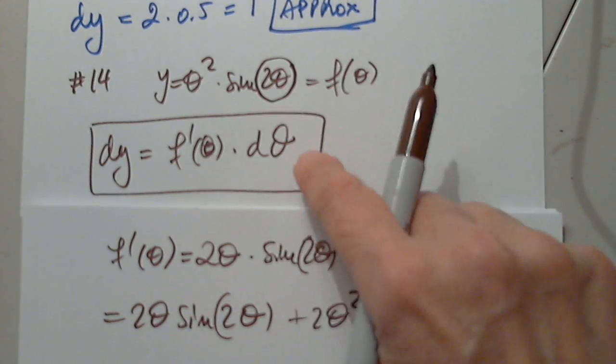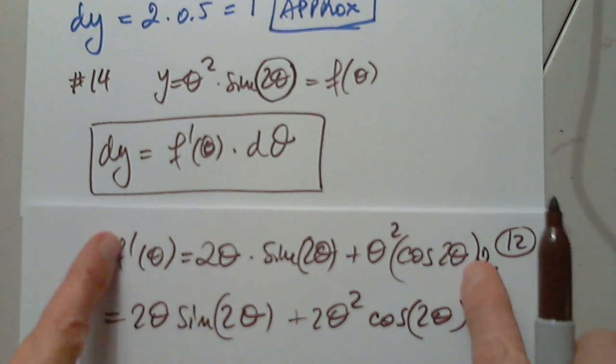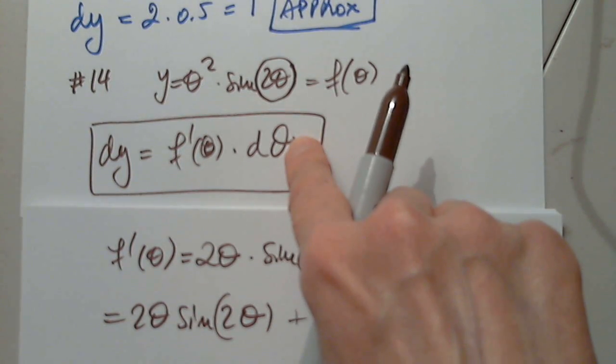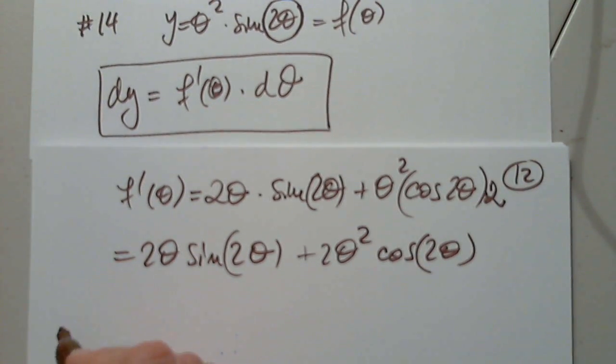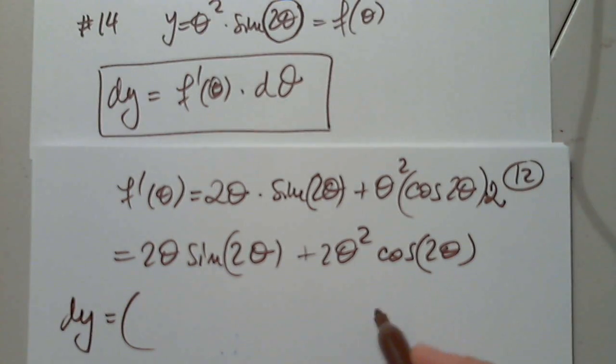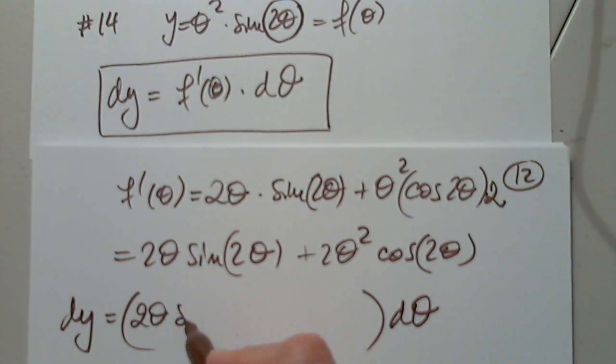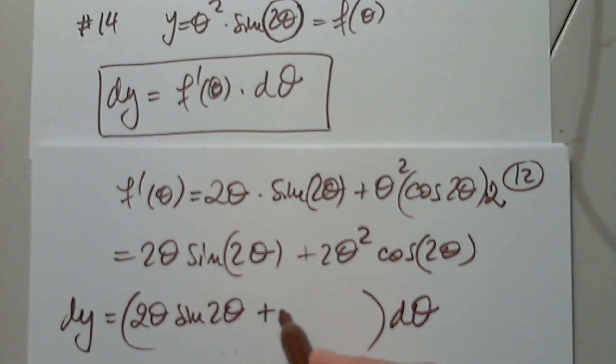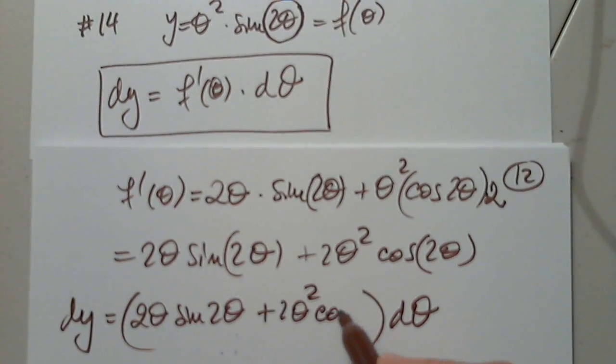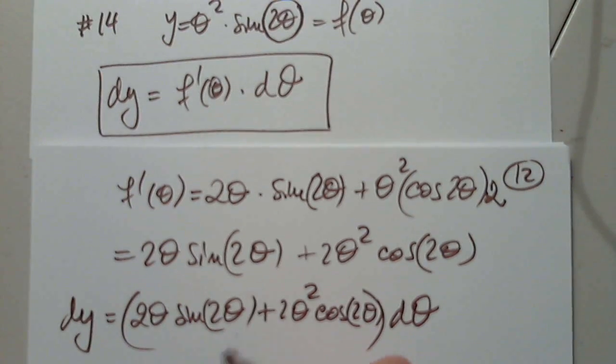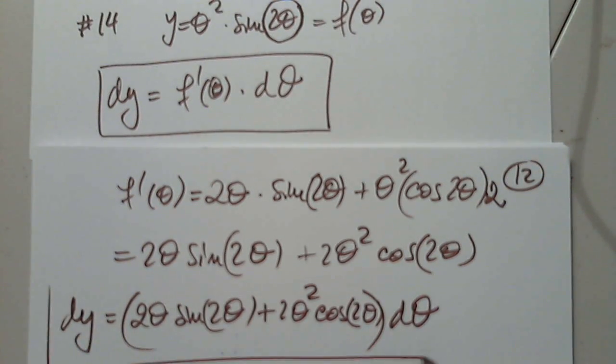Now all I have to do is put everything in parentheses and multiply by d theta. So dy equals 2 theta sine 2 theta plus 2 theta squared cosine 2 theta, times d theta. This is it. That's all I need to do.